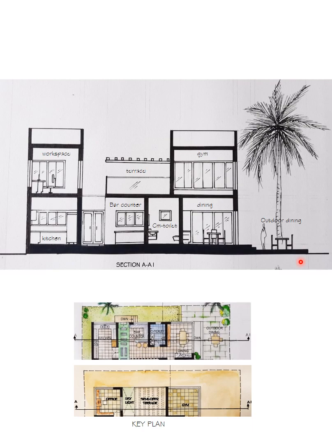So you can see the office space and a gym on the first floor, and the terrace covered with the pergolas.